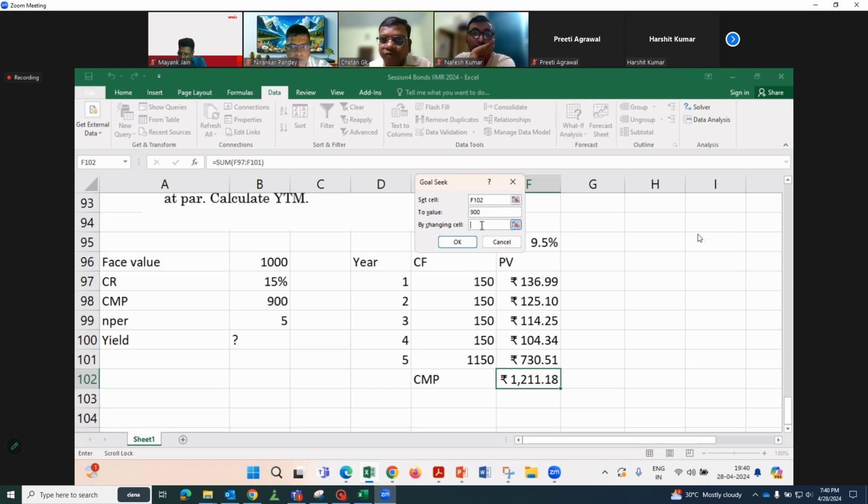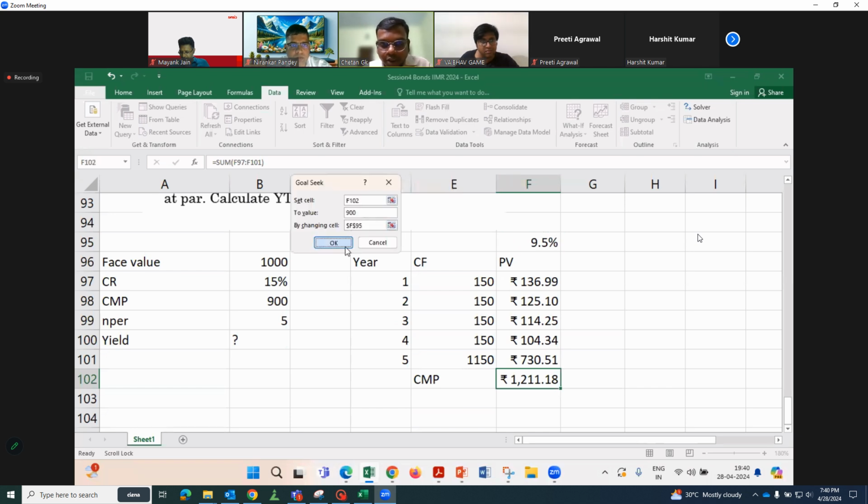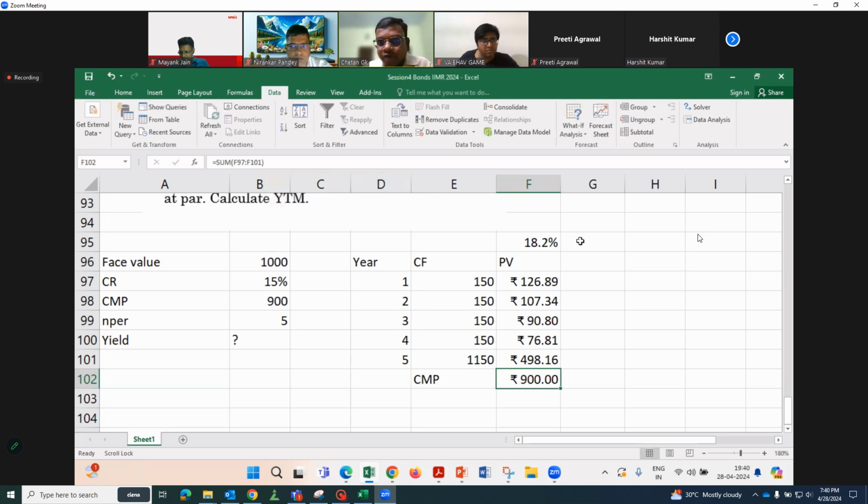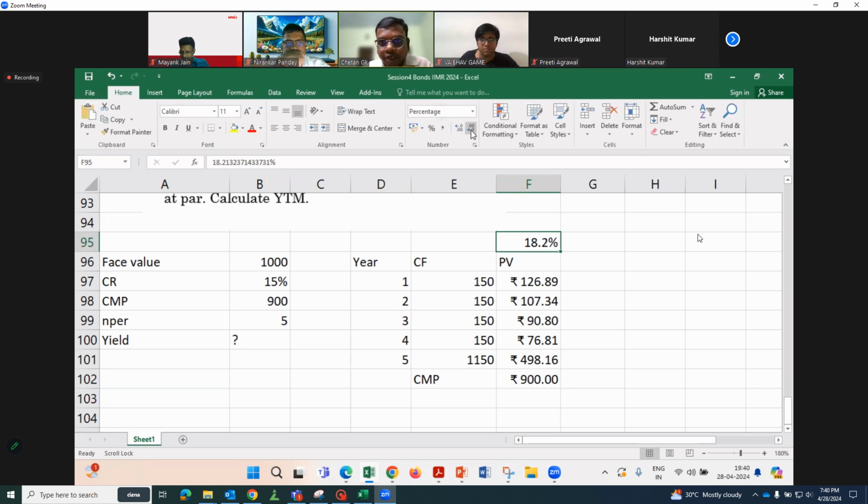By changing which cell? This cell, the percentage, 9.5%, which we have actually put in. So I click OK. After doing this, Excel automatically computes 18.2% as my yield to maturity. Okay, can you do it similarly to how I did it?